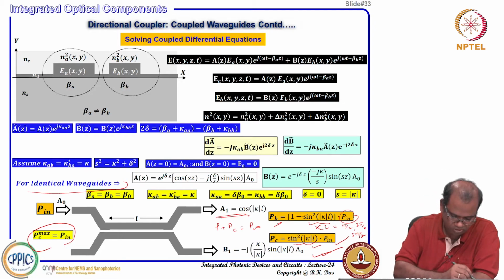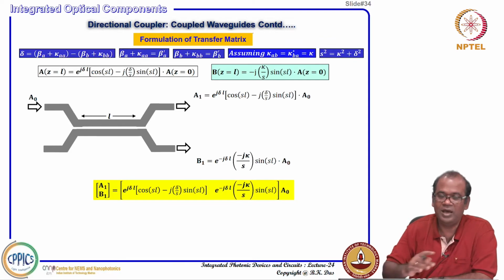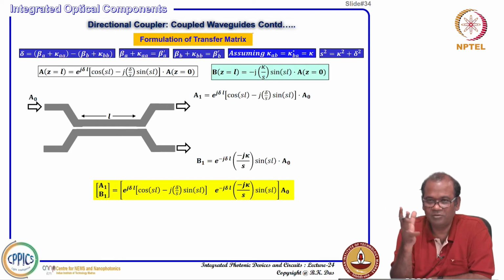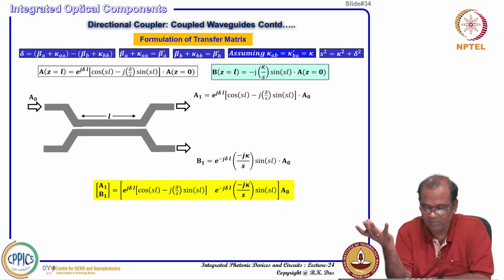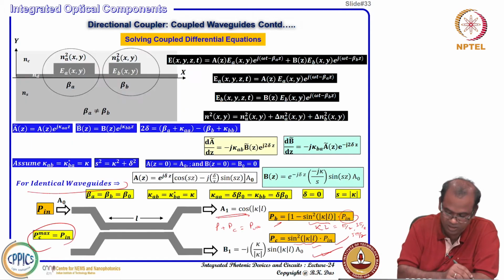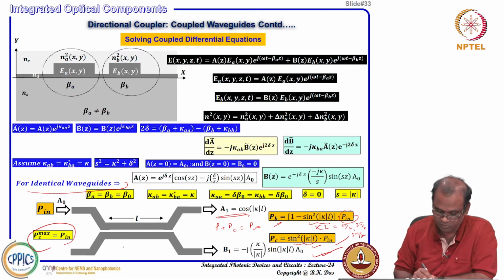Good. Now we are done with how to solve and how to design the waveguide. If you want a 3 dB power splitter, kappa L should be pi by 4.